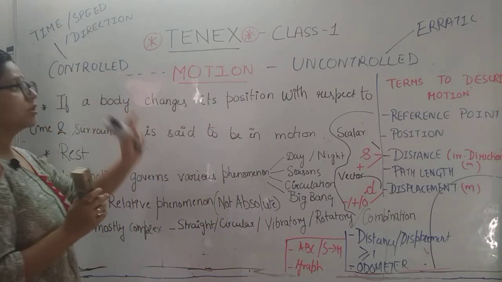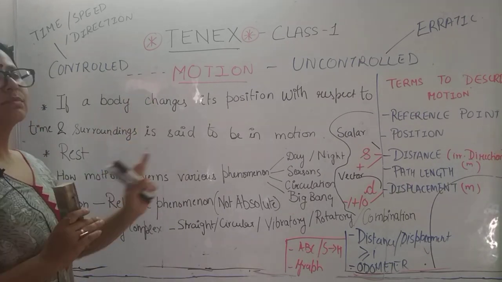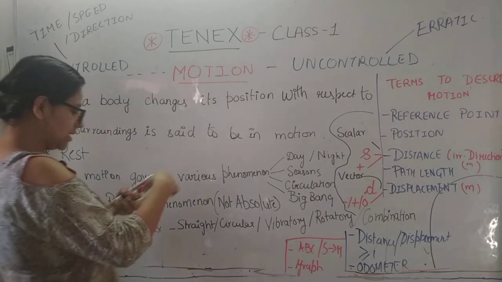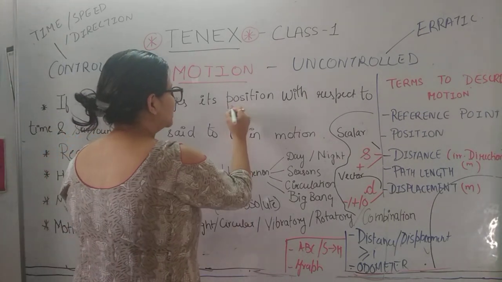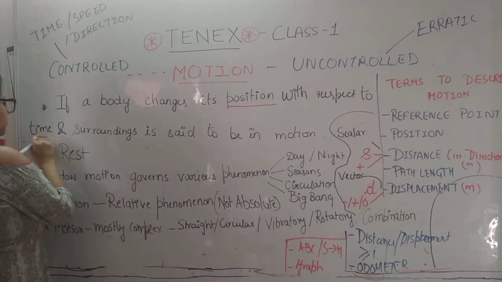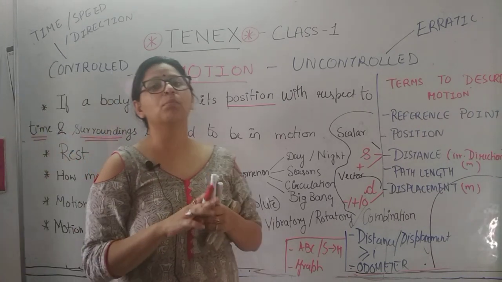So the first chapter, as I told you, is motion, okay? Motion, what does motion mean? If a body changes its position with respect to time, with respect to surroundings, then it is said to be in motion.